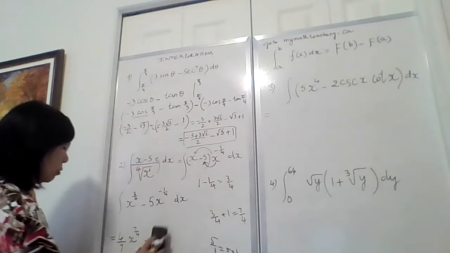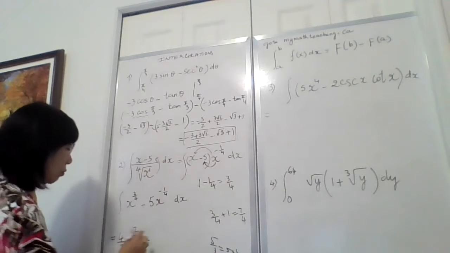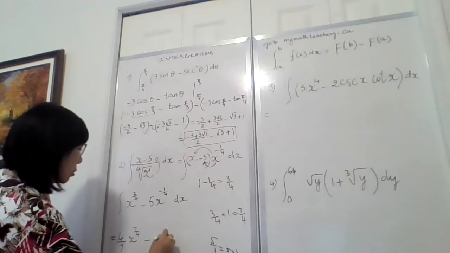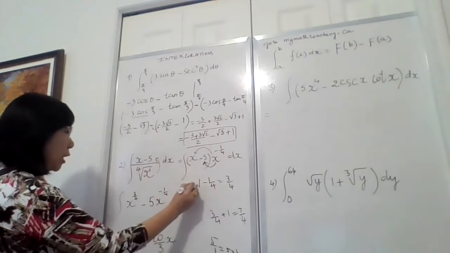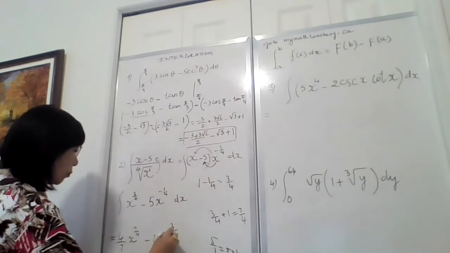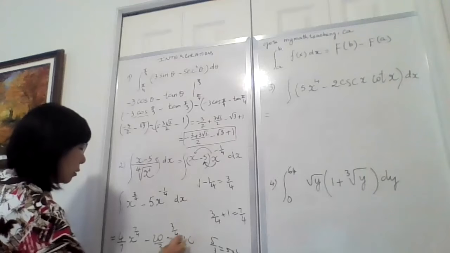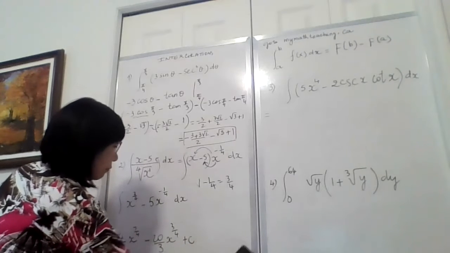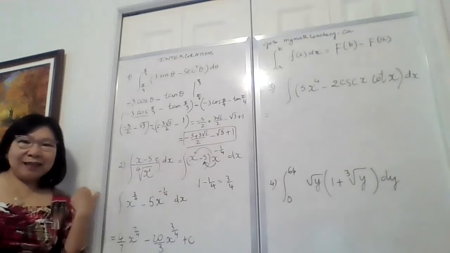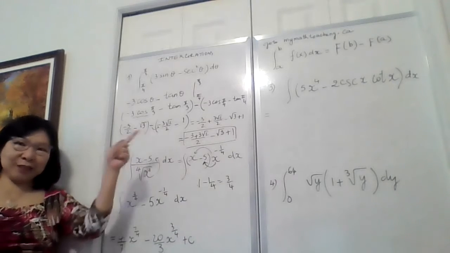So this number will become 20 over 3. And the x to the minus 1 over 4 added to 1 power will be 3 over 4 plus c. So that's the answer for the second question. Now I'm going to go to the next one.